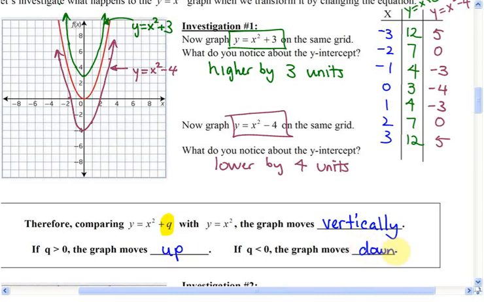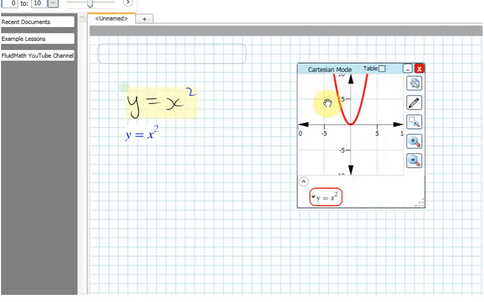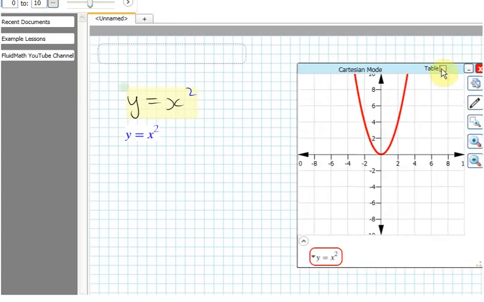Now I'd like to show you something on the computer to try to help you understand this even better. I'm going to use this program. Oh no, it lags. Let me erase that. y equals x squared. Cool. I can do this, and it's supposed to graph for me. There it is. I can make this bigger. I can give it a table.